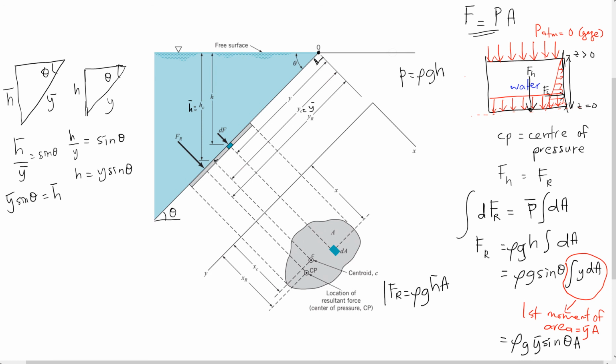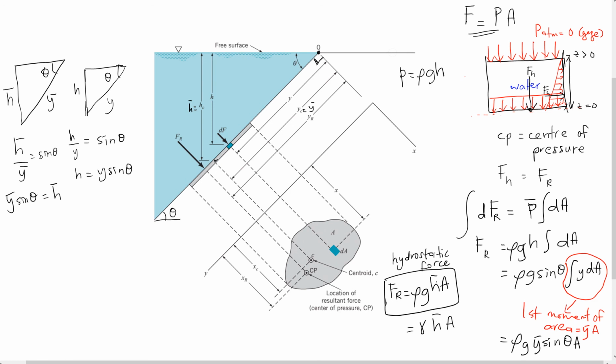This equation is called the hydrostatic force. Instead of using rho g, you can also use gamma: gamma h bar A, and the unit is Newton. Okay, so this is the magnitude of the hydrostatic force.